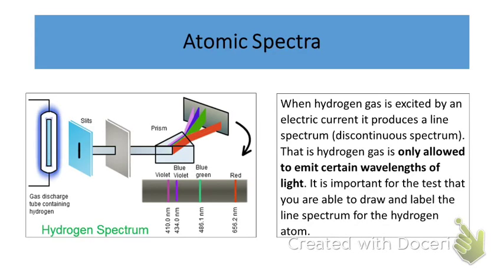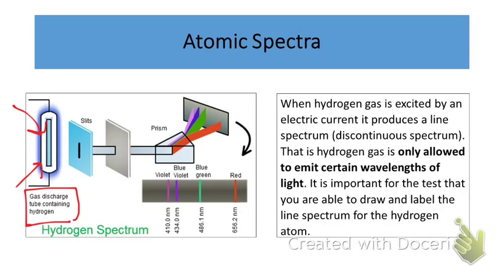So here's our experiment setup. We have what is known as a gas discharge tube, which contains an element in the gas state. We zap that gas discharge tube with electricity. That electricity excites the atoms, causing them to emit light.